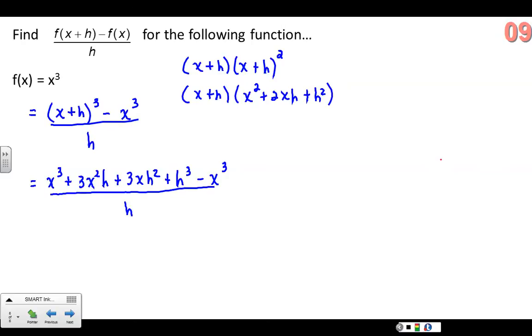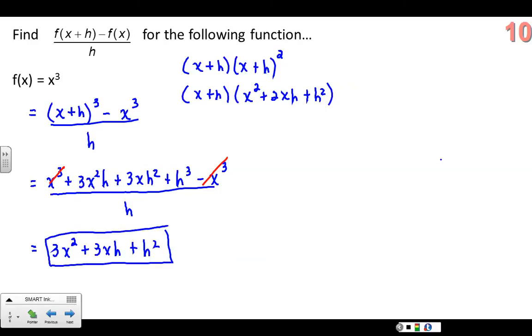The only thing that's going to subtract away on top will be the x cubed terms. So if I take an h out of what's left over, that's going to leave me 3x squared plus 3xh plus h squared as my difference quotient.